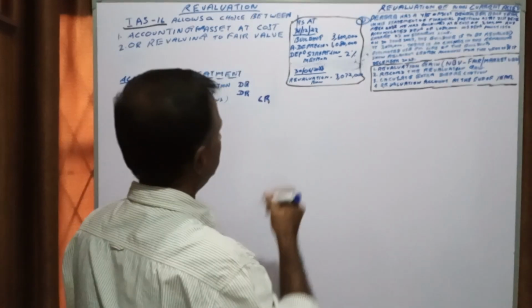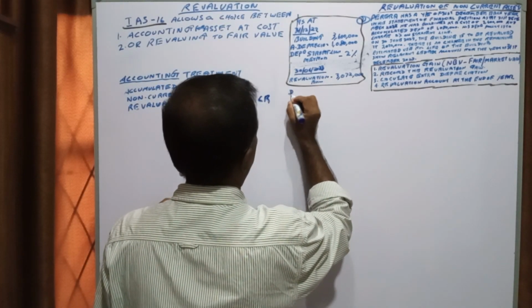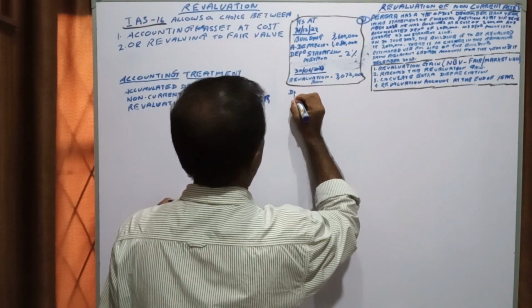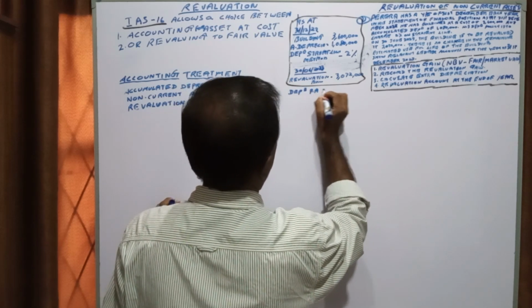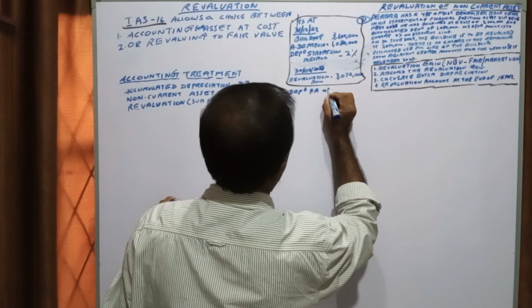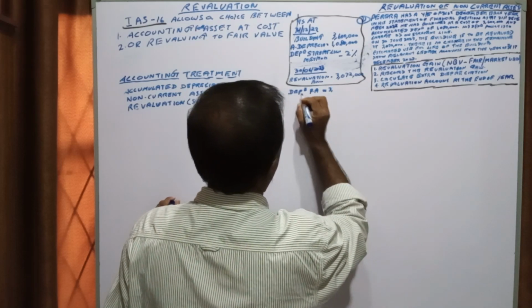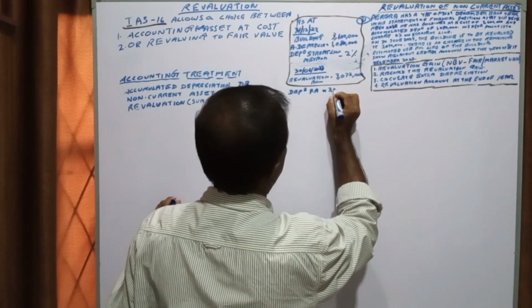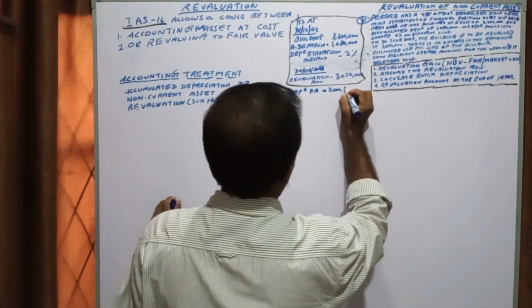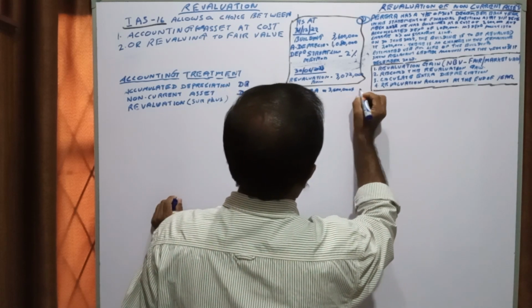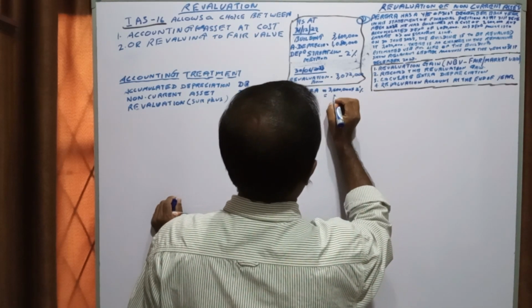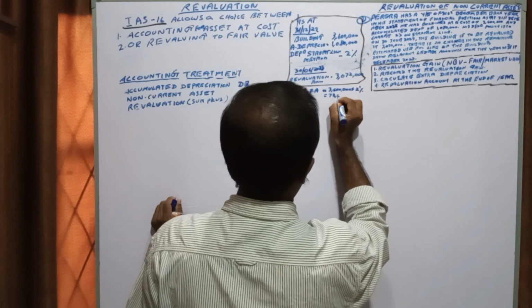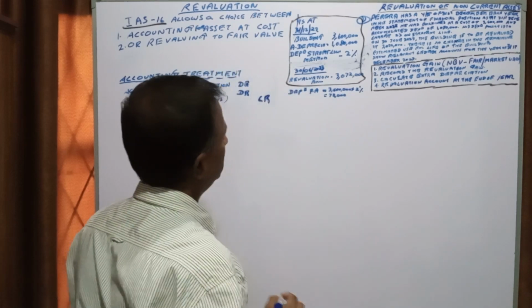What we have to calculate? Depreciation per annum equals 3,600,000 into 2%, which gives 72,000.